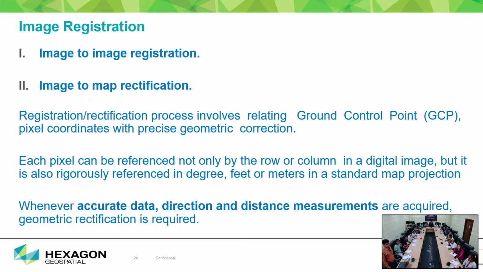So basically the registration or rectification process involves relating ground control points, pixel coordinates, with precise geometric correction. Why do we use the word precise here? Because previously I told you that there will be some error, root mean error. Suppose he is doing one registration of one image and you are performing another image.